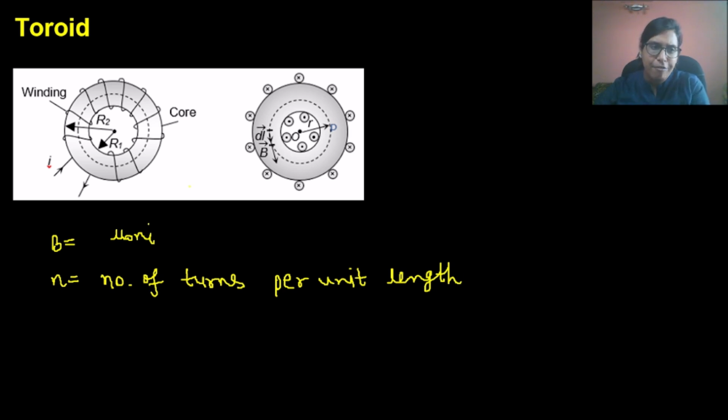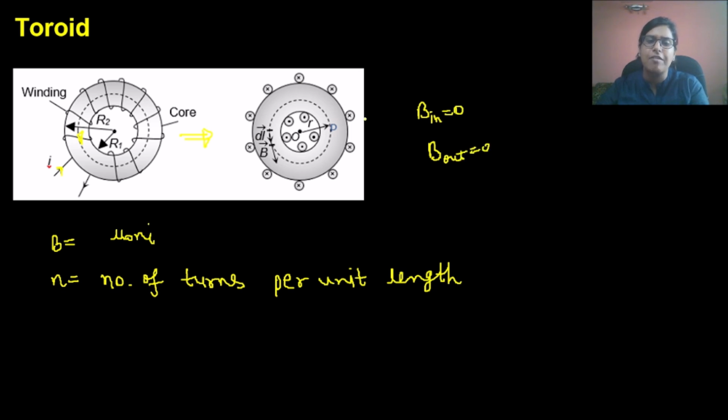Now if we suppose this current is going in this direction, right? So at this end current is going inside the paper and at this end current is coming outside the paper. So we can draw this toroid like this. Now inside this toroid, here magnetic field will be 0 and outside this toroid magnetic field will be 0.